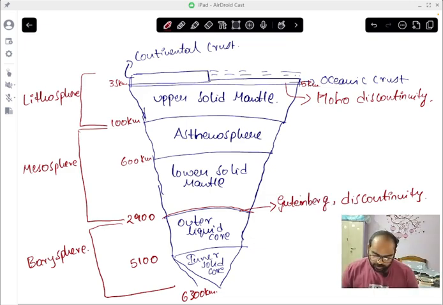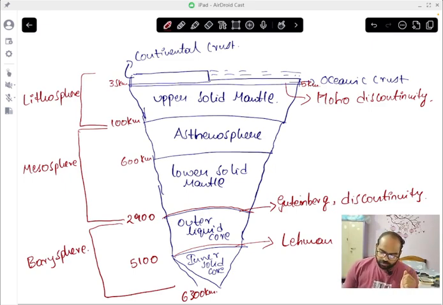And the boundary between the outer liquid core and inner solid core is called the Lehmann discontinuity. The inner solid core is made up of nickel and ferrous, so it is often called the NiFe layer also. So this is the interior of the earth.